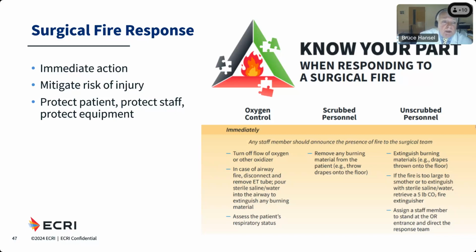Of course, you mitigate risk of injury, you tend to the patient, and then the other is to get any burning materials off the patient. It's duration of exposure to the flame that really begins to increase the seriousness of the injury.